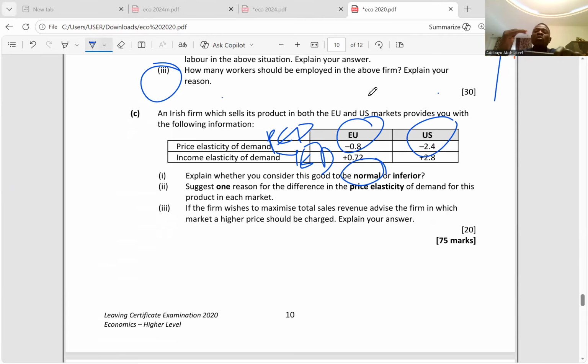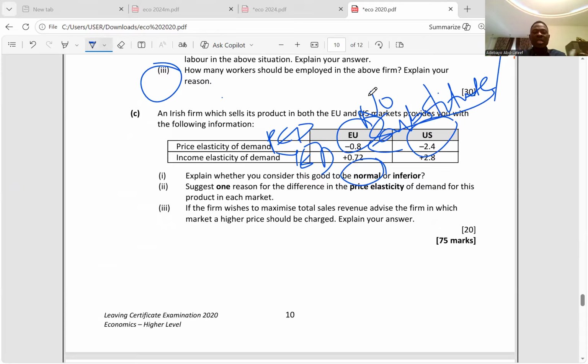What could bring about different elasticity in both markets? It means there are no substitutes for the product in the EU, while there are substitutes in the US. That is why demand is elastic in the US and inelastic in the EU.